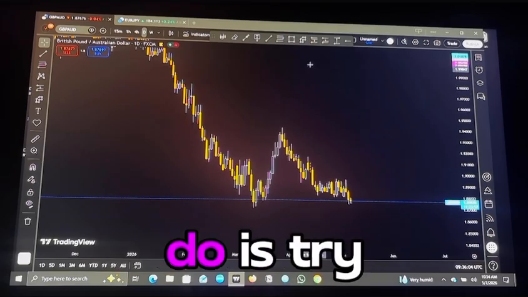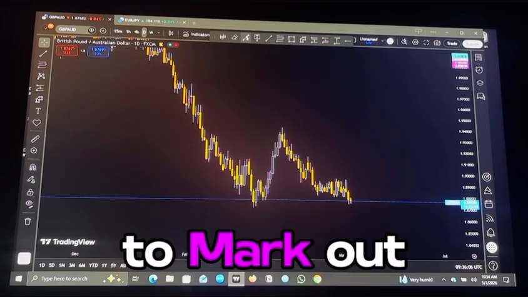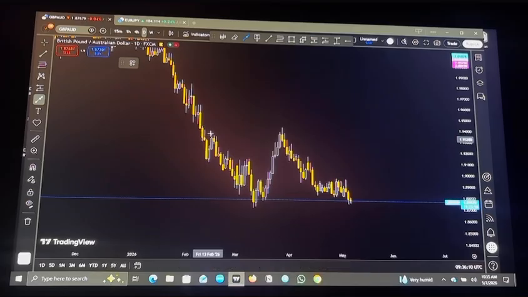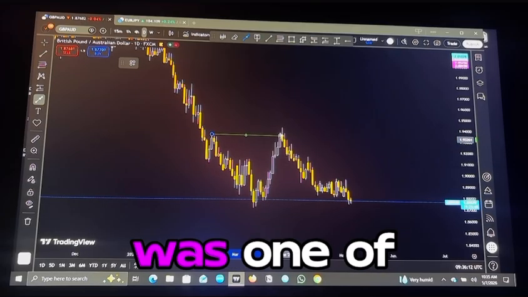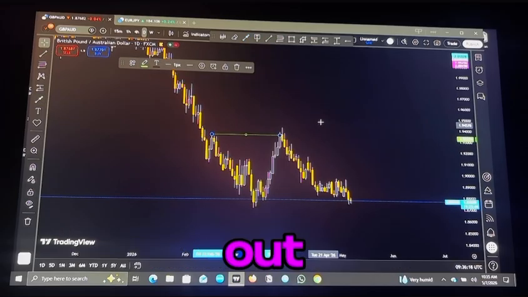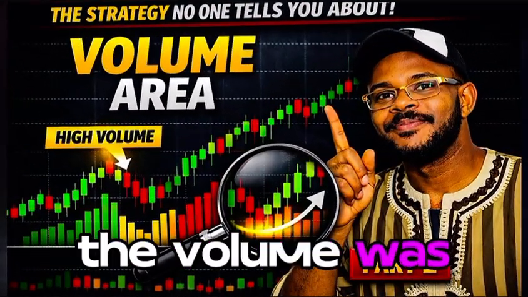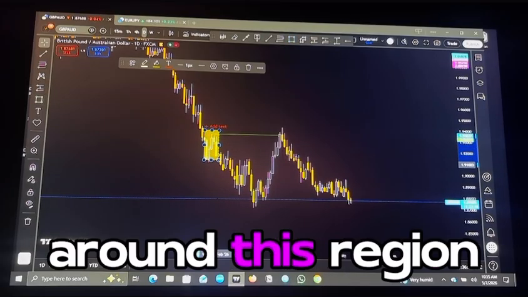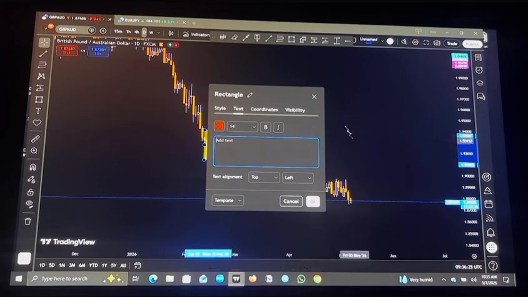So the first thing I will do is try to mark out this value, which was one of our original highs that was taken out. The volume was formed around this region. Right?